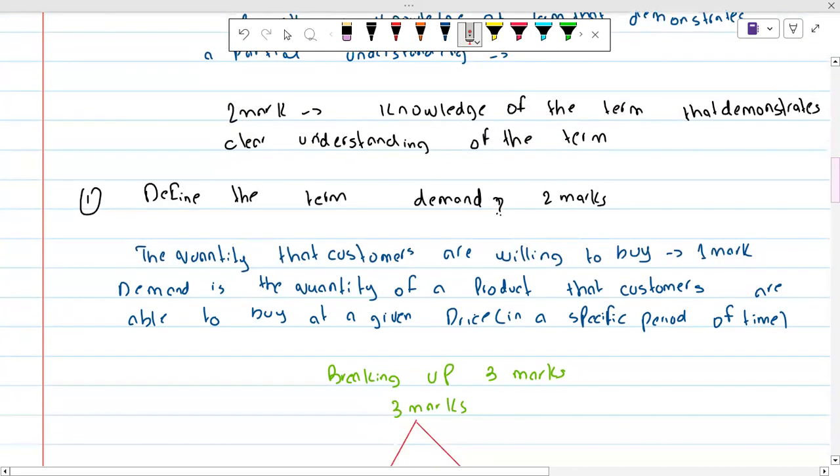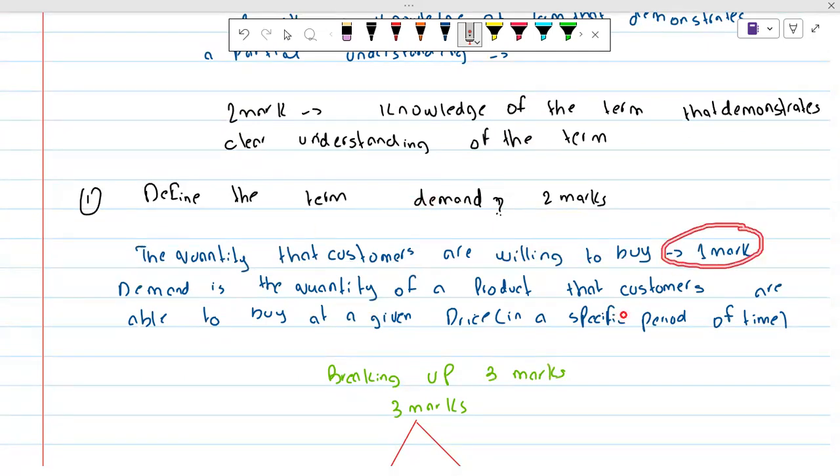Okay. So for example, there is a question: define the term demand. This is a 2-mark question. Here you can see 1 mark, and this is for 2 marks. For 1 mark, for example, if I say the quantity that customers are willing to buy, if I write this 1-line definition in the answer, I will most likely get 1 mark for it.